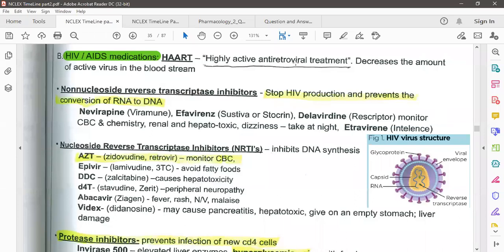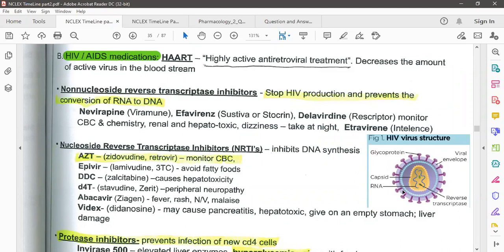HIV is an RNA virus, and this treatment decreases the amount of active virus in the bloodstream. So what are the drug names we use? One is called non-nucleoside reverse transcriptase inhibitor.